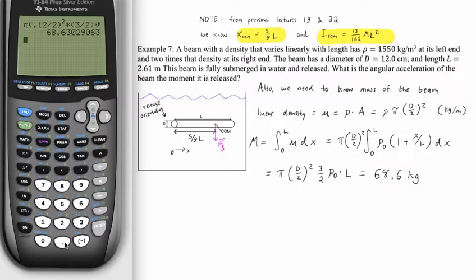So I'll say note: the buoyant force, and since the fluid has constant density, then we know that it's going to have to be at the geometric center of the object.